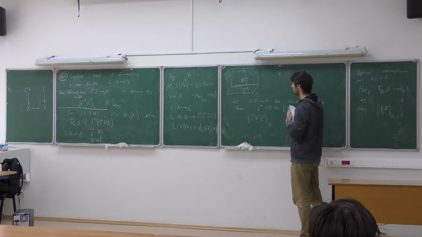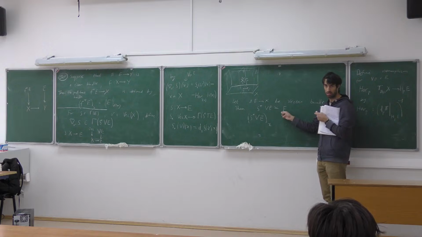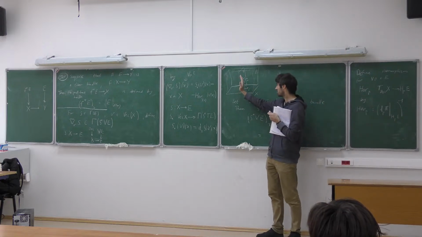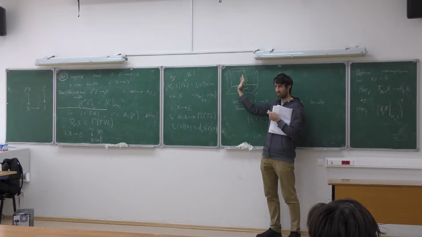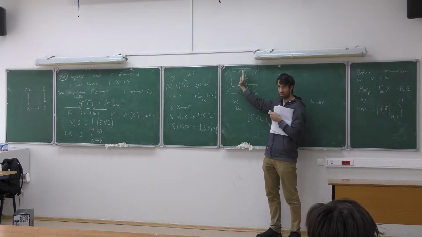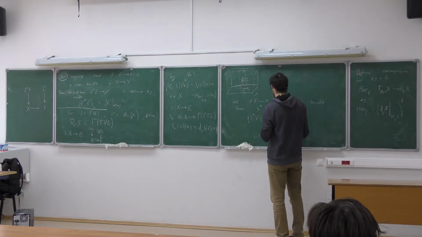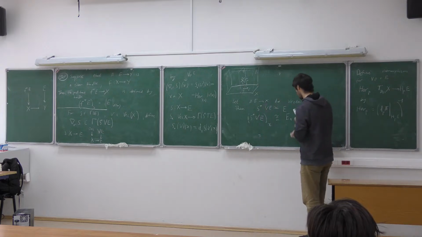But when my fiber is a vector space itself, the tangent space to a vector space coincides with this vector space. Before, in the general case, you should imagine the fiber is not flat but rather something curved, and this tangent space consists of vectors which do not belong to it. But when F is actually a vector space, all these vectors are inside. So this is the same as just EX, because EX is just a vector space.